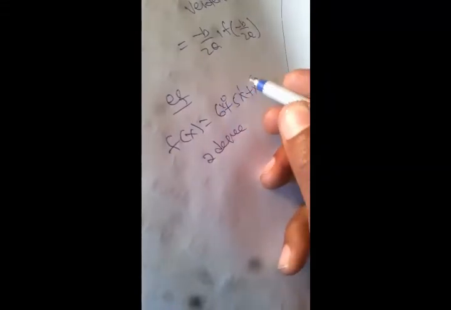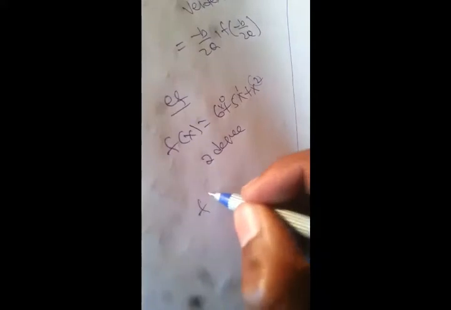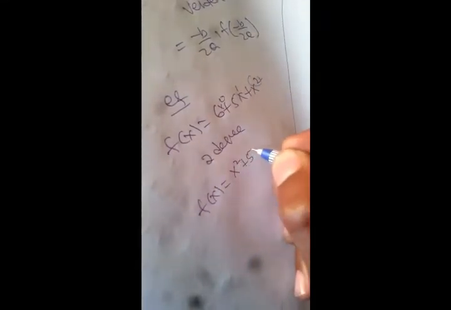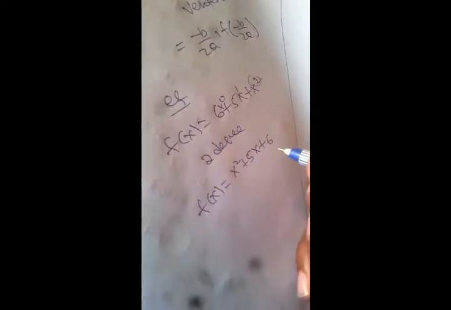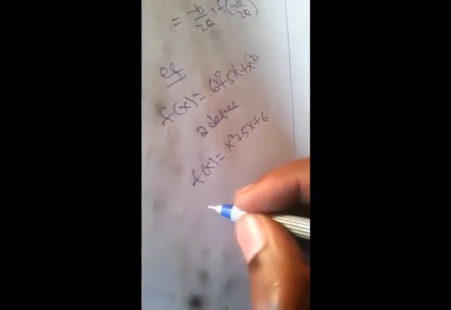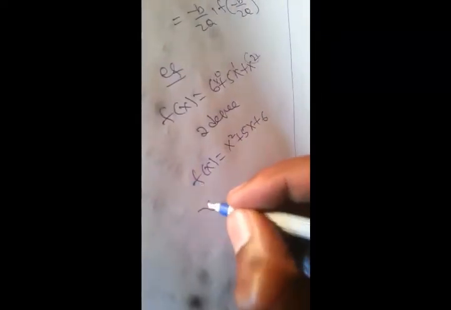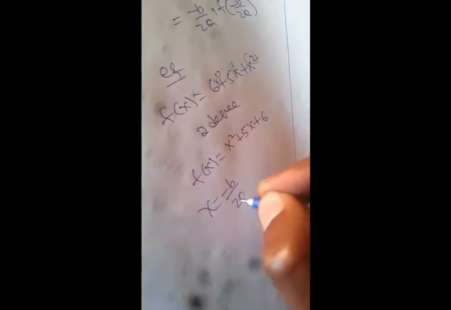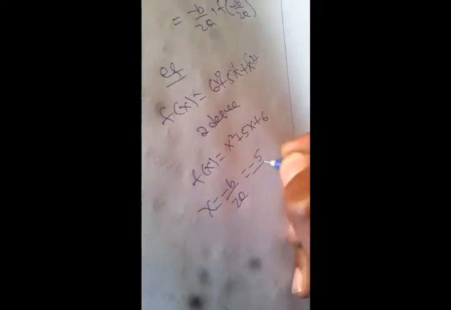The highest degree is x squared. Therefore, f of x can be written as x squared plus 5x plus 6. In order to find its vertex, its x coordinate can be calculated as minus b over 2a. That means minus 5 over 2 times 1. This is equal to minus 5 over 2.